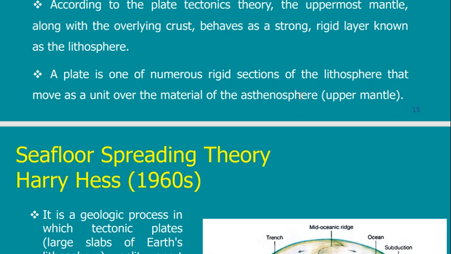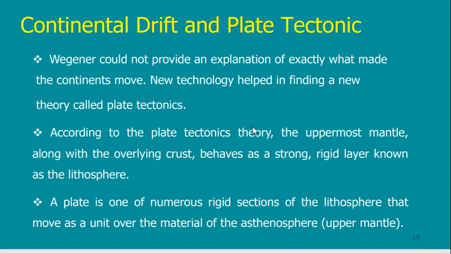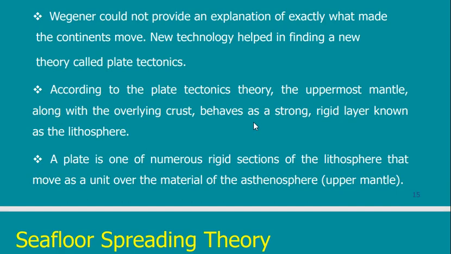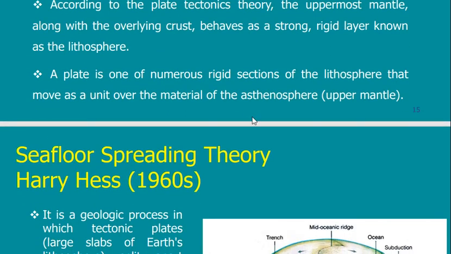So the continental drift theory states that the upper part of the earth moves over the layers below, and by this movement continents drift away from each other. This is just an introduction to what we are going to say.